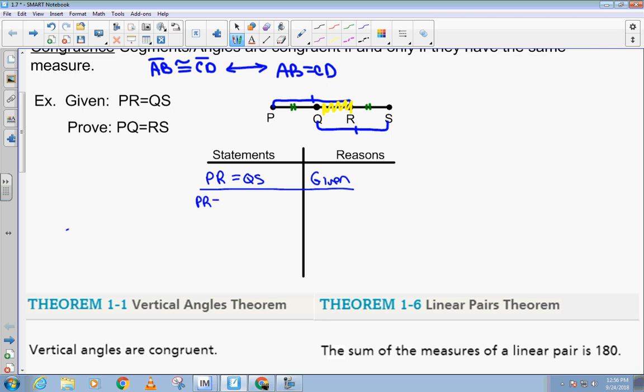Well, PR is made up of PQ plus QR. And QS is made up of QR plus RS. Okay? And that is the segment addition postulate we talked about at the very beginning.